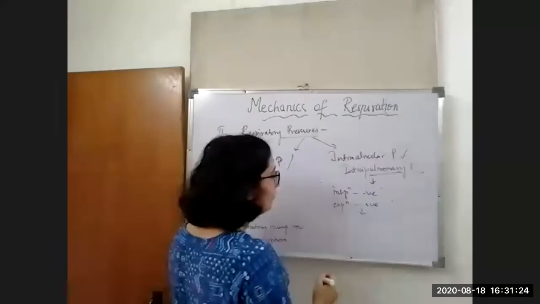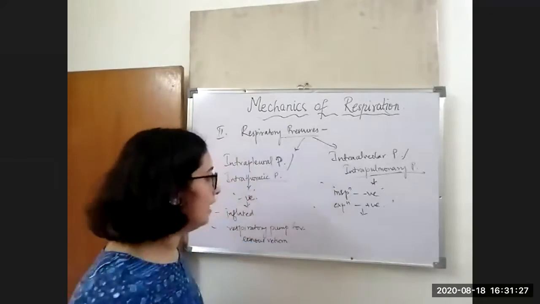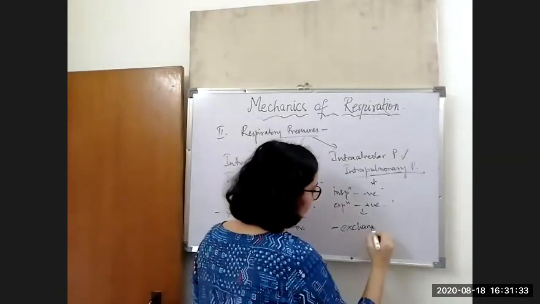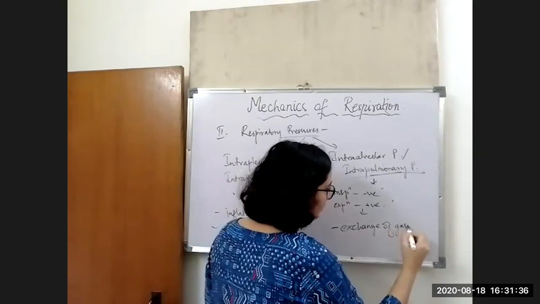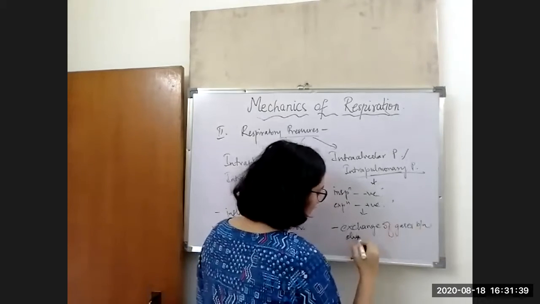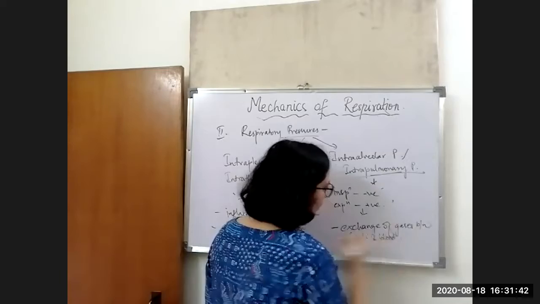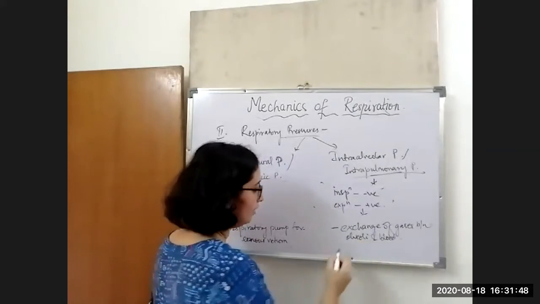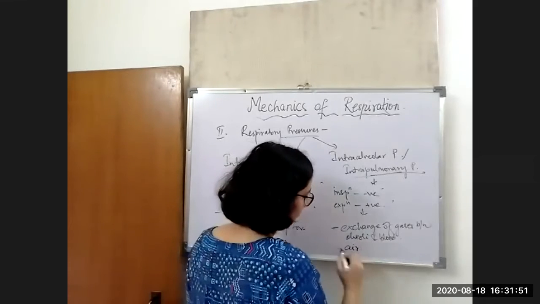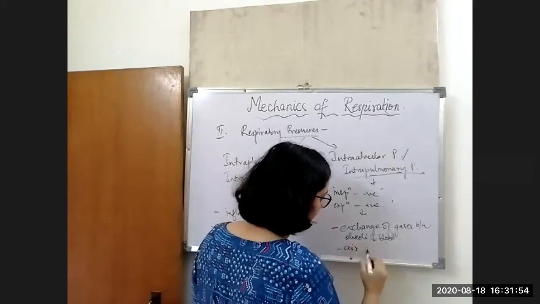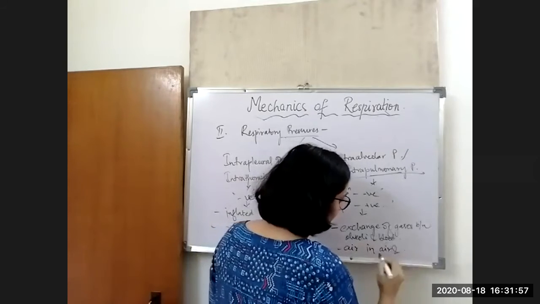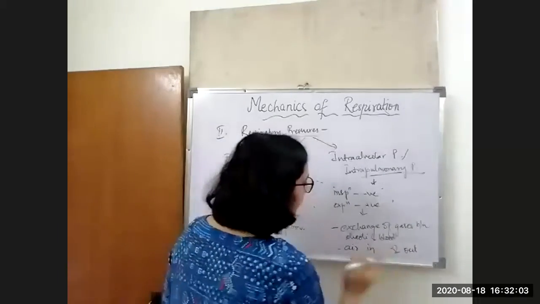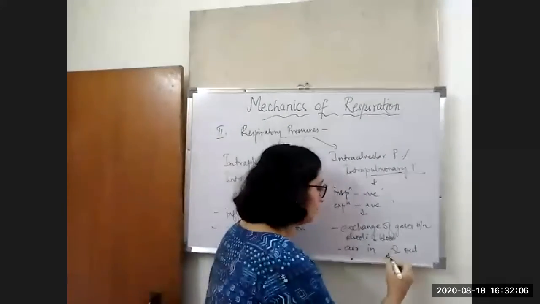And the intra-alveolar pressure, what it does is that first, it is helpful in the exchange of gases between alveoli and blood, and also it helps in the transfer of air in and out of alveoli.